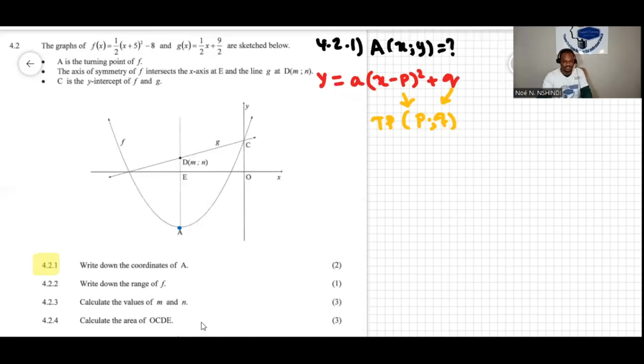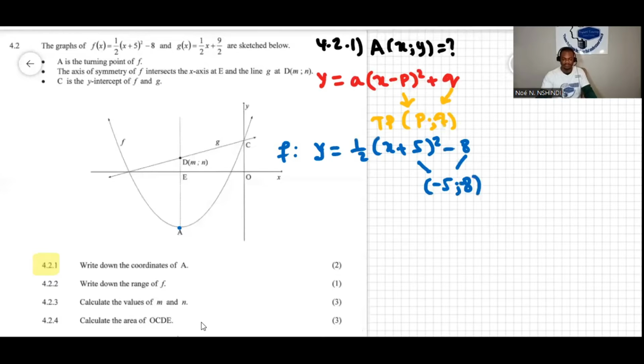So in this situation, because f is expressed as a half (x plus 5) to the power of 2 minus 8, we understand from there that the turning point is (-5, -8).